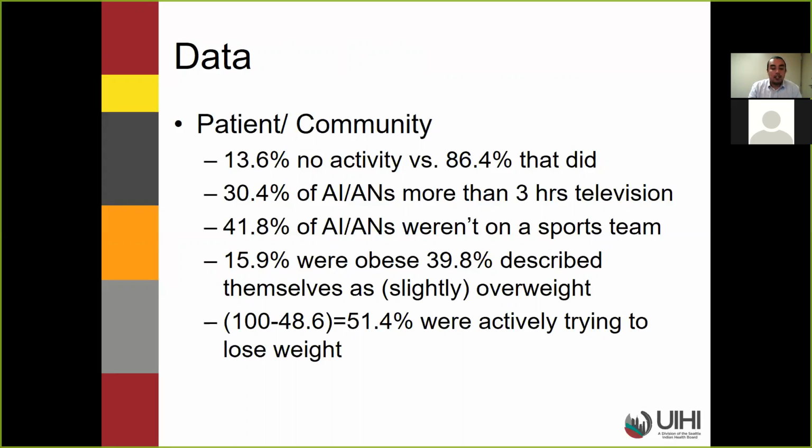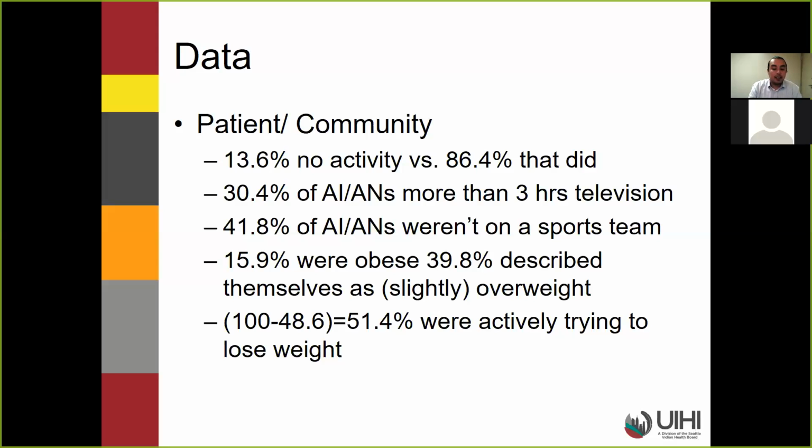Additionally, we have some of these other numbers with 15.9% being obese and 39.8% describing themselves as slightly or severely overweight. As far as these perceptions, that's really an important question to understand in being able to kind of say, well, is this a reflection of reality, or are there perhaps body perception issues going on?